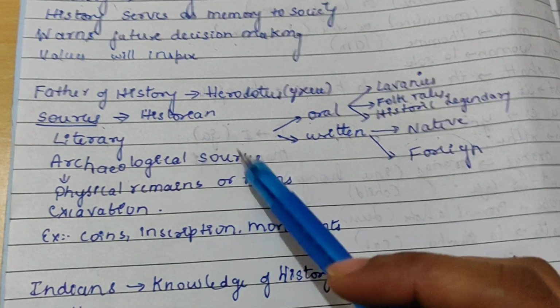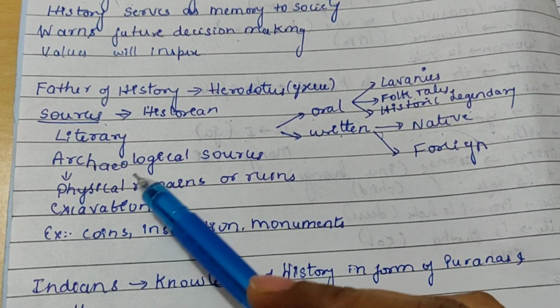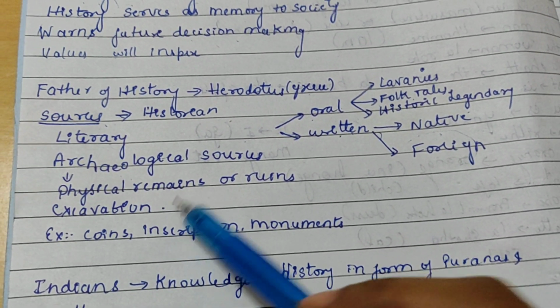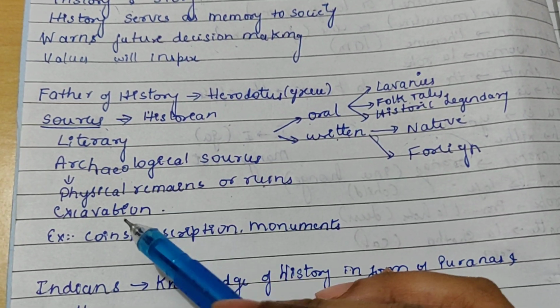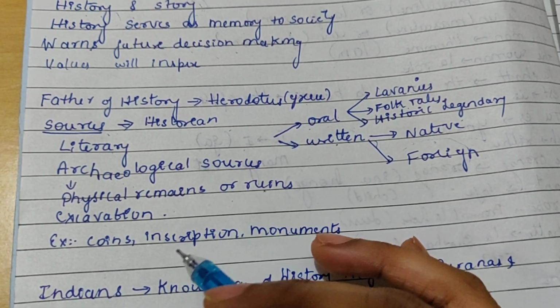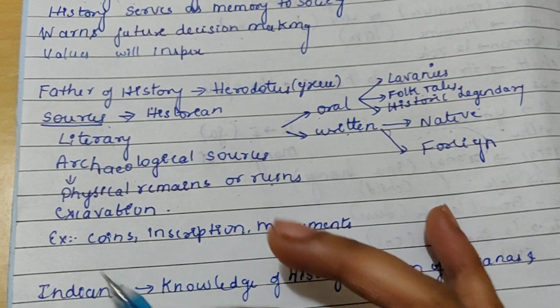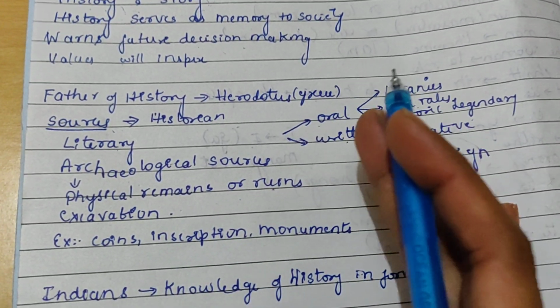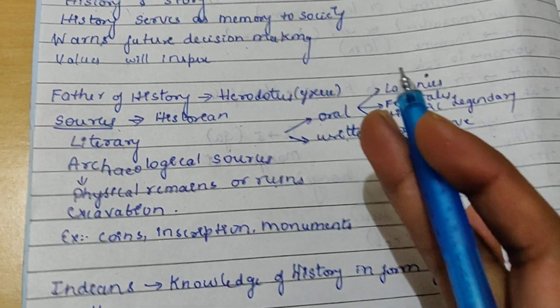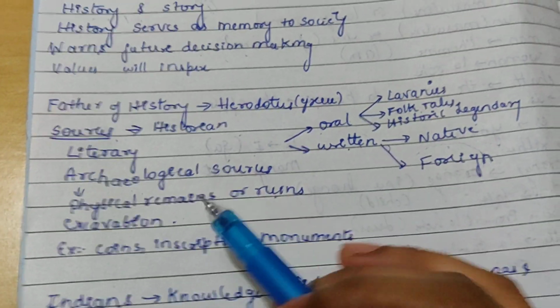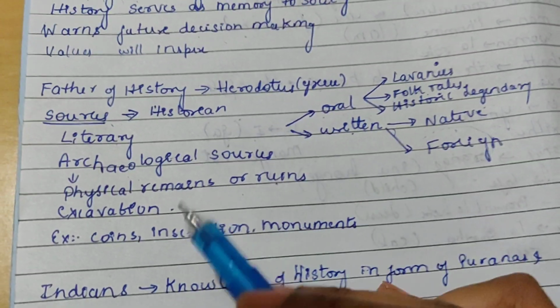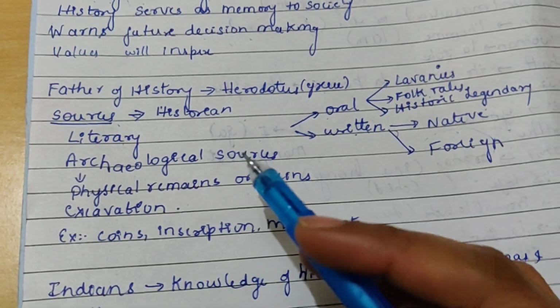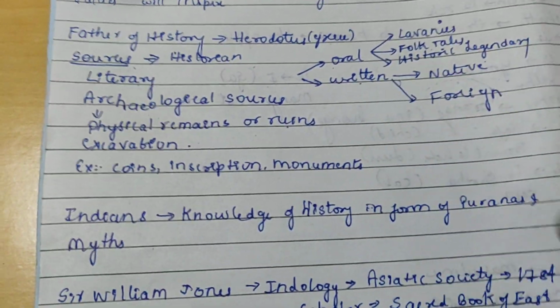Next are archaeological sources. Archaeological sources are the physical remains or ruins, for example monuments, inscriptions or coins, which tell about history. For example, the Ashokan inscriptions, the Ashokan rock edicts, tell about the Mauryan Empire. By studying those inscriptions, you will get to know about a particular empire.